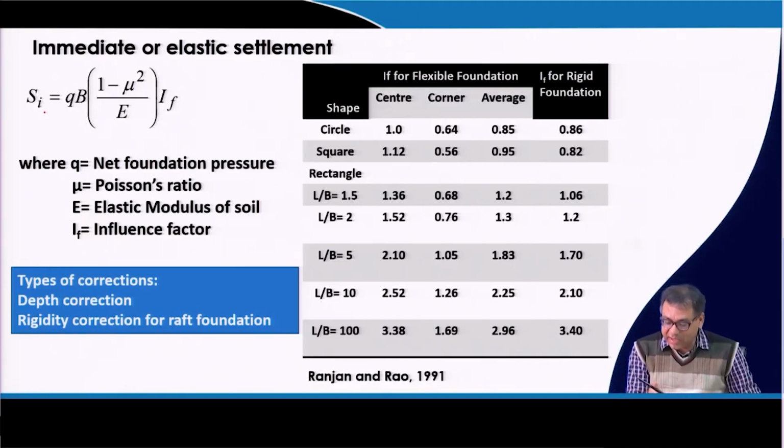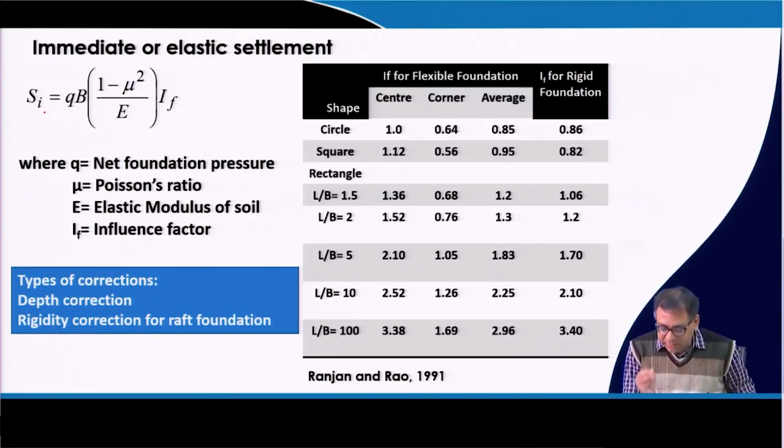For flexible foundations, there are different types like circular, square, and rectangular, with different L by B values 1.5, 2, 5, 10 and 100, and values for center, corner, and average. Obviously, the center has the higher influence factor. We will always calculate the settlement at the center, so the center is giving more value, then the corner and the average.